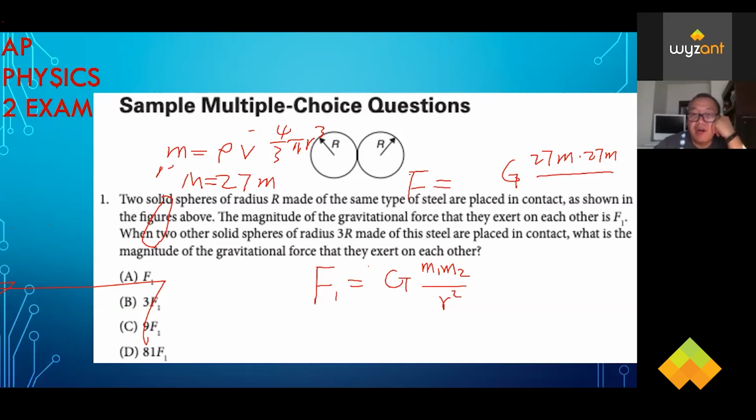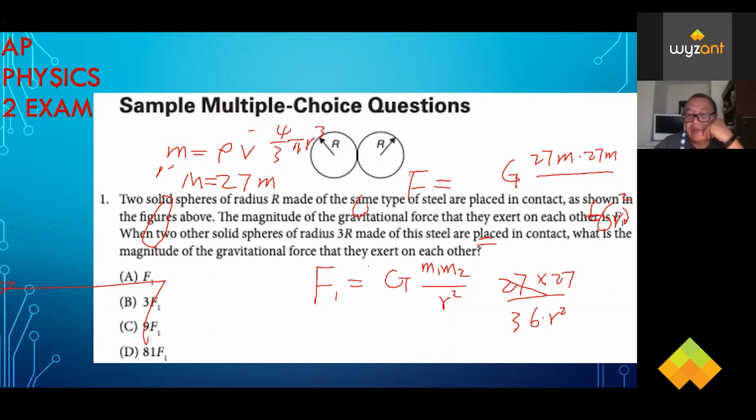Then this one, it says 3r, 3r, that's 6r. 6r, then squared, right? So then you can calculate that. Let's simplify 27 times 27, over 36 r squared.